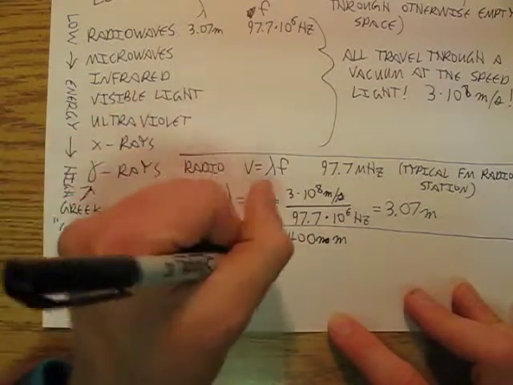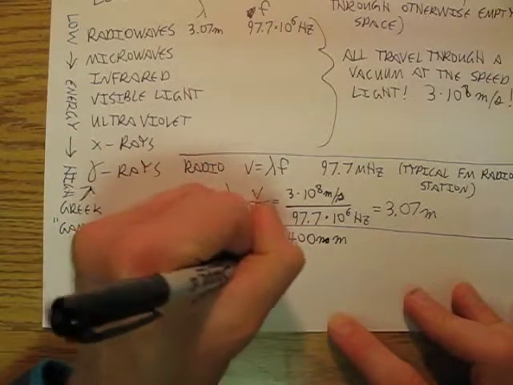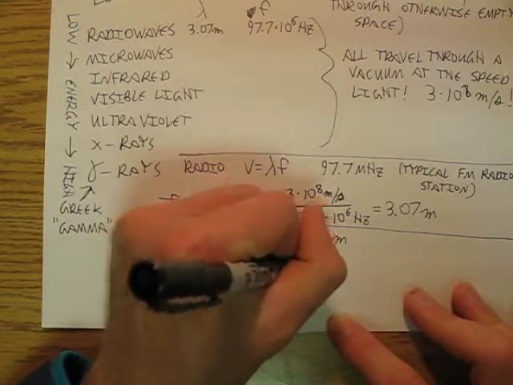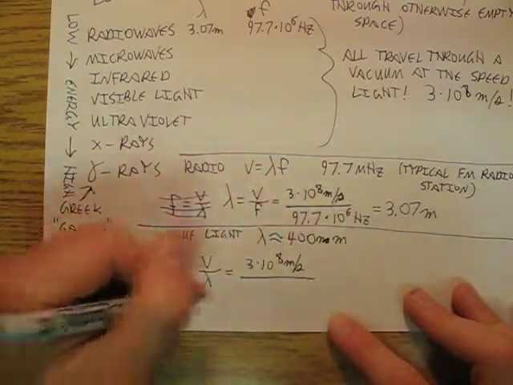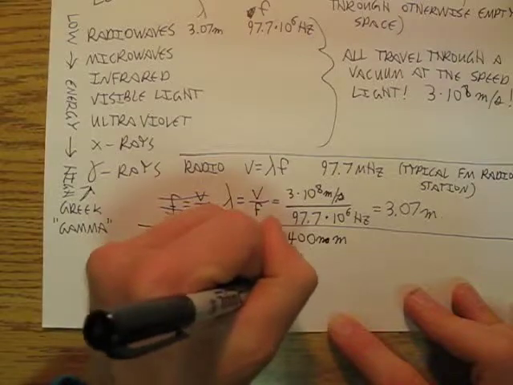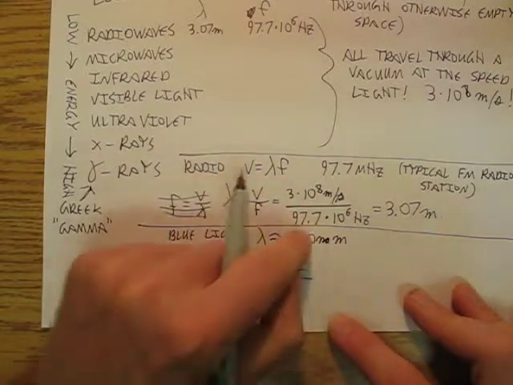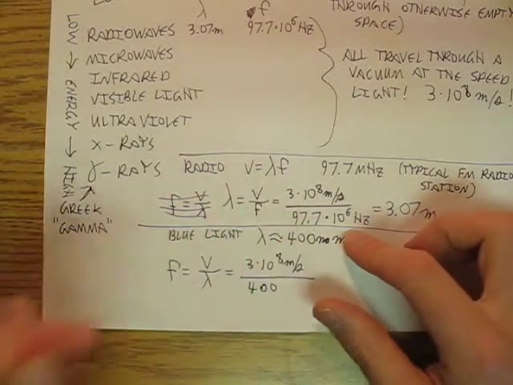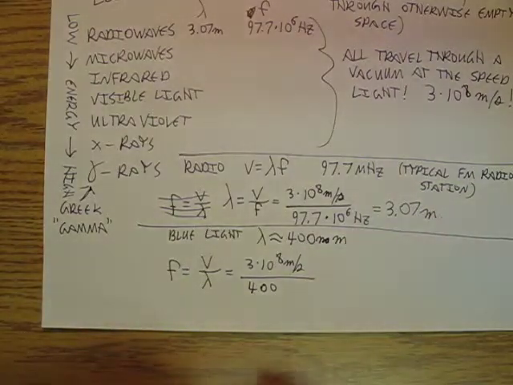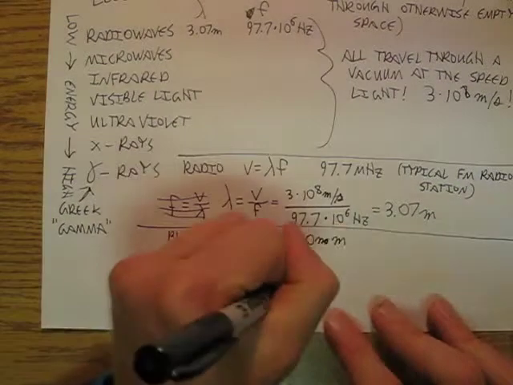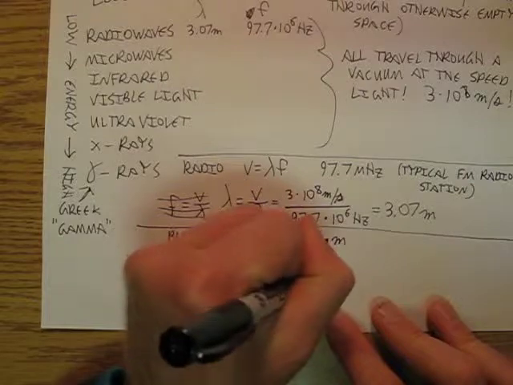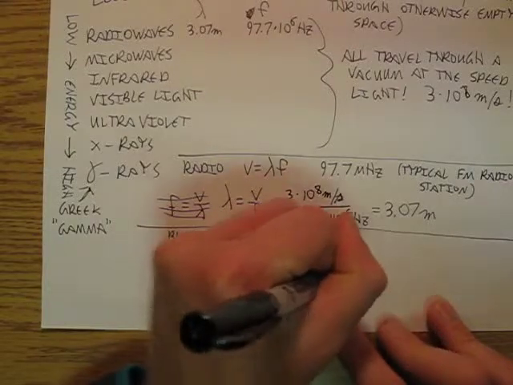So we're going to say 3 times 10 to the 8th meters per second divided by 400. And now what does nano mean? Take a second and remember what nano means. Times 10 to the negative 9th meters.